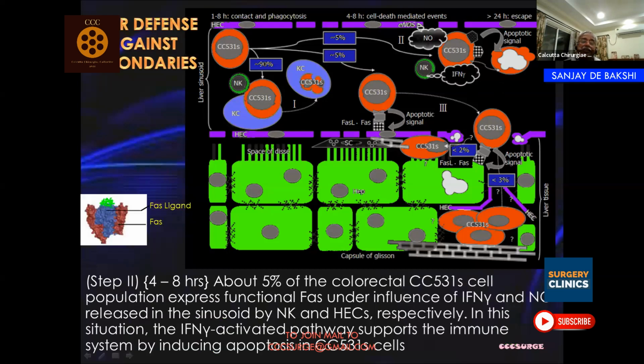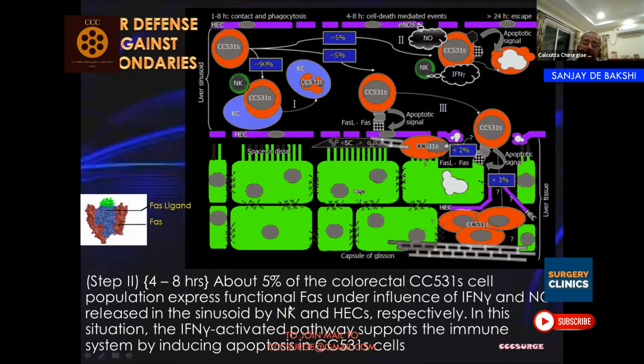4 to 8 hours. Now what happens is tumor cells have this transmembrane protein called FAS, and you have a FAS ligand. So you can well imagine that if you have something that hits that FAS ligand, that transmembrane protein gets destroyed and the cells are destroyed.